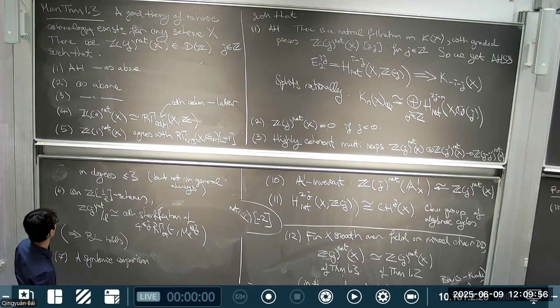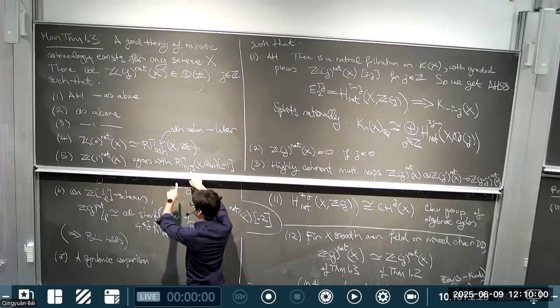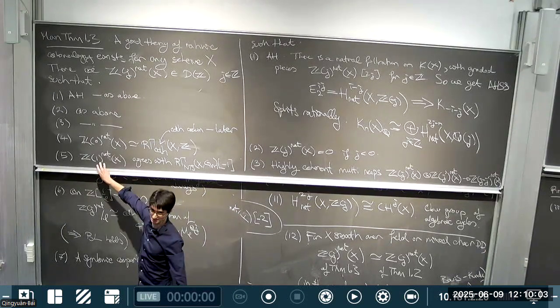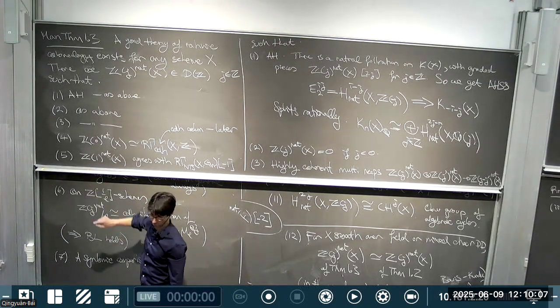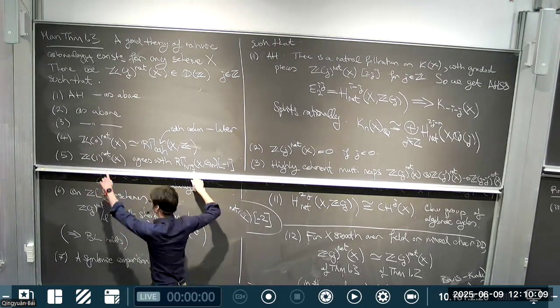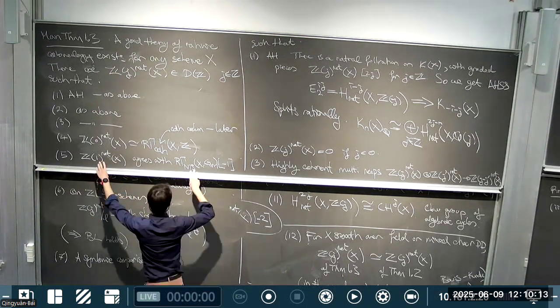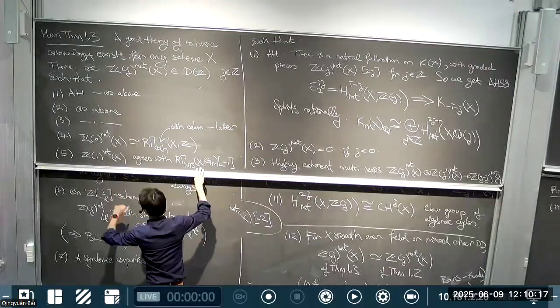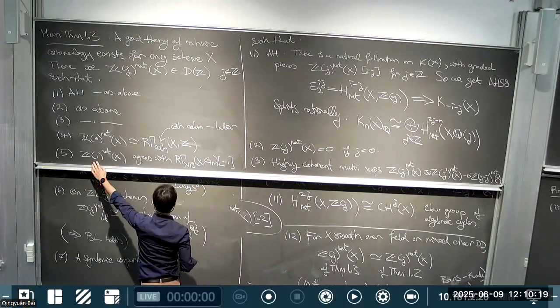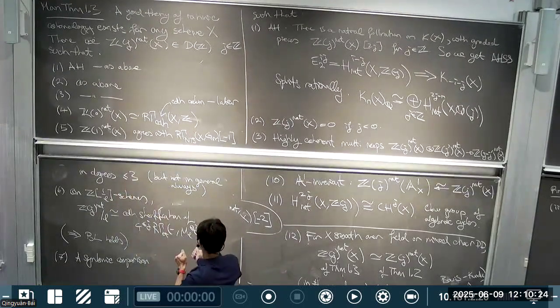If I put CDH here instead, then I would actually get the A1 localization of what I see on the left, which would also be the CDH sheafification of the left side. That's right, the two sides agree after CDH sheafification. The CDH sheafification of that also agrees with the A1 localization of that. I can't say more than that.